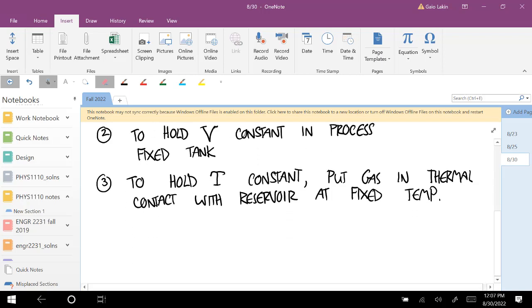And then the last one you can hold constant is pressure. So how do you hold pressure constant? Probably allow material to flow in or out. Not necessarily. That is not necessary.